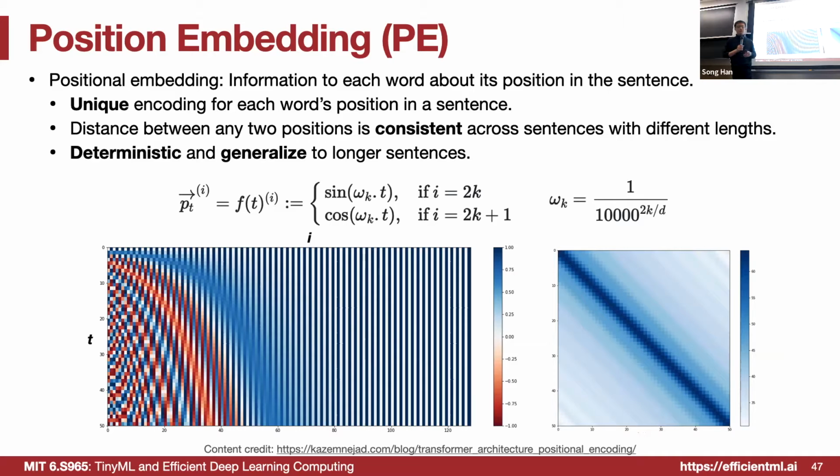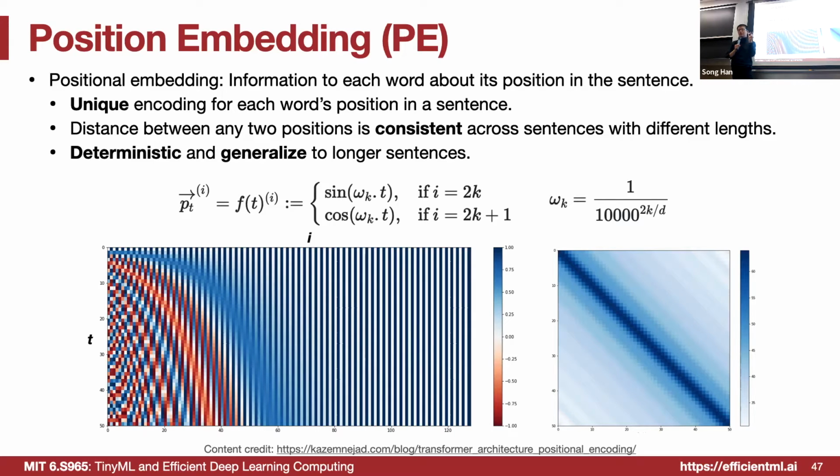Okay. So a good position embedding should have certain properties. It should be unique: each word's position has to have a unique encoding. The distance between any two positions should be consistent, no matter if it's a long sentence or a short sentence.